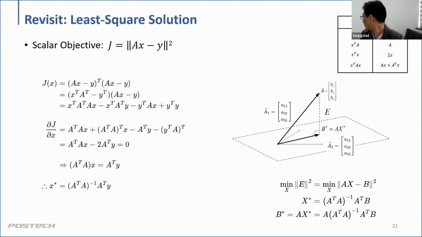And let's move on to, let's revisit. Remember least square solutions. Last time I spent a lot of time to explain it and to find out the solutions. And at that time I used this one, because I love to understand for myself, understand some problems.